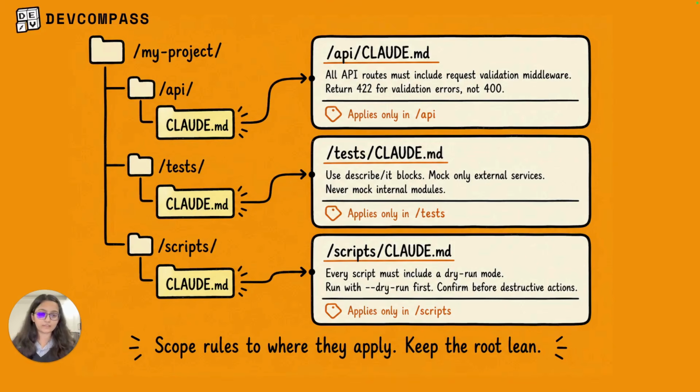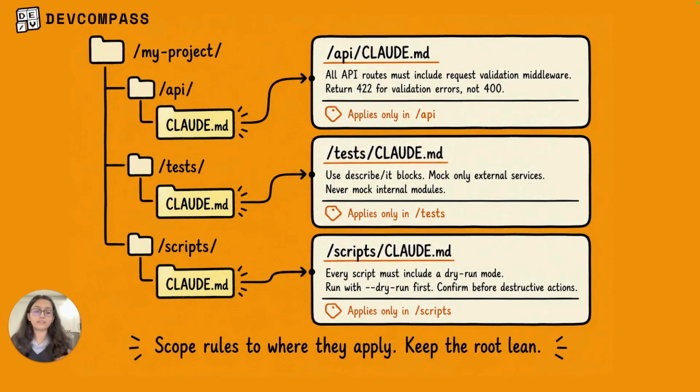Second, the test directory. Use describe/it blocks, mock only external services, never mock internal modules. So it only applies in /test. These rules only apply when Claude is writing or modifying test files. They would be literally noise anywhere else. Third is the scripts directory.